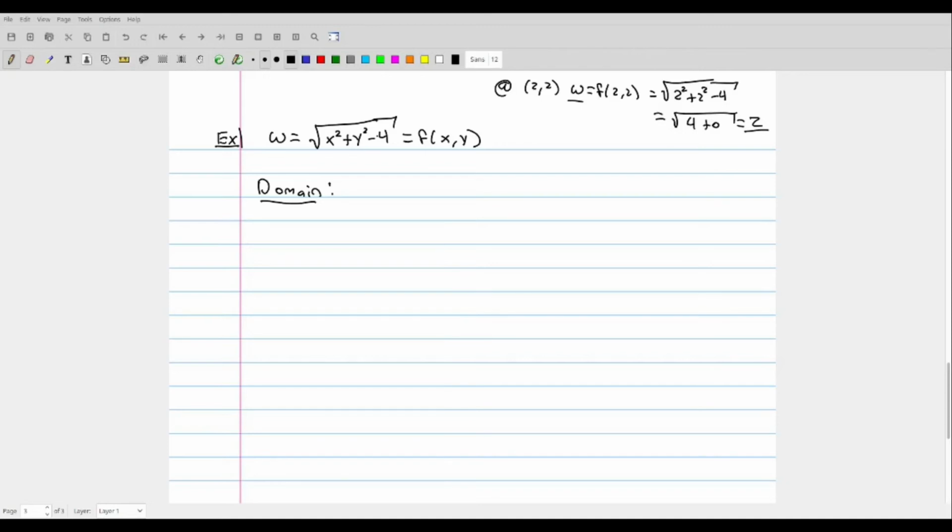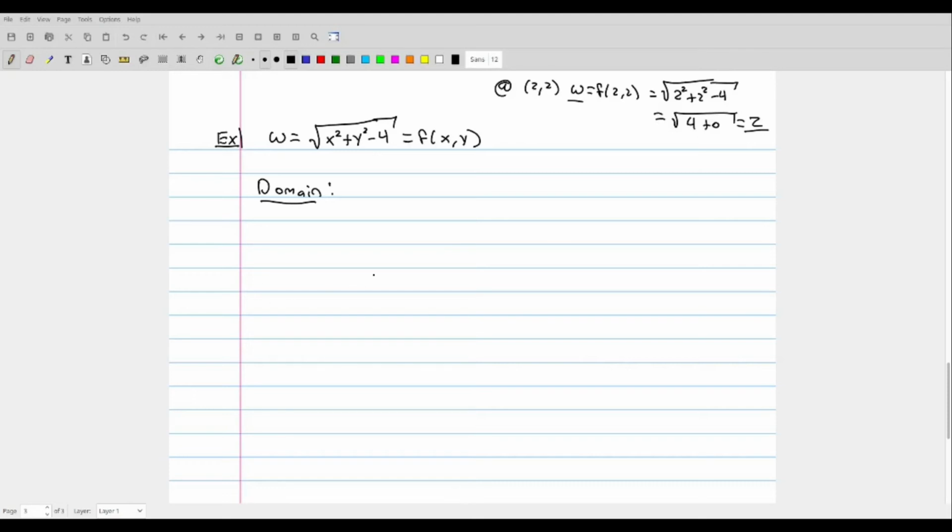In this function, we have a square root of x squared plus y squared minus 4. The x squared plus y squared minus 4 term is fine. There's no division, so no worries about dividing by 0. But we do have a problem with the square root function, because it can only be taken on things greater than or equal to 0.